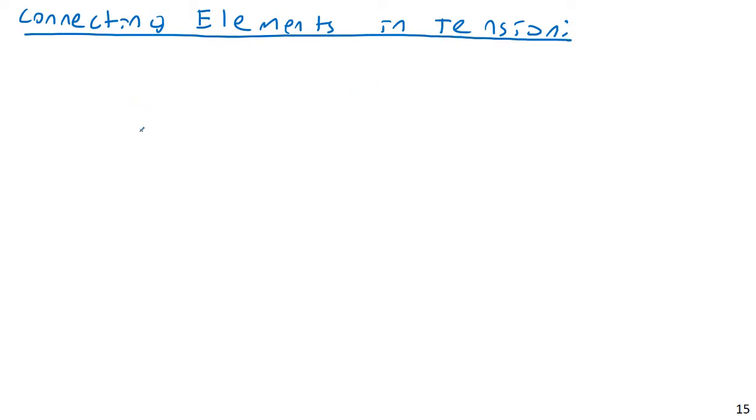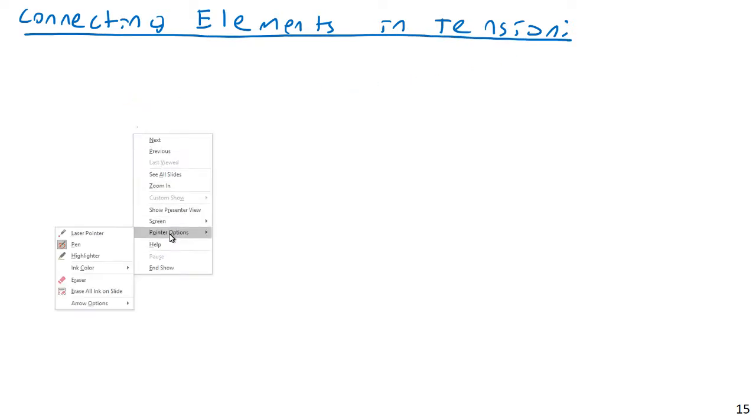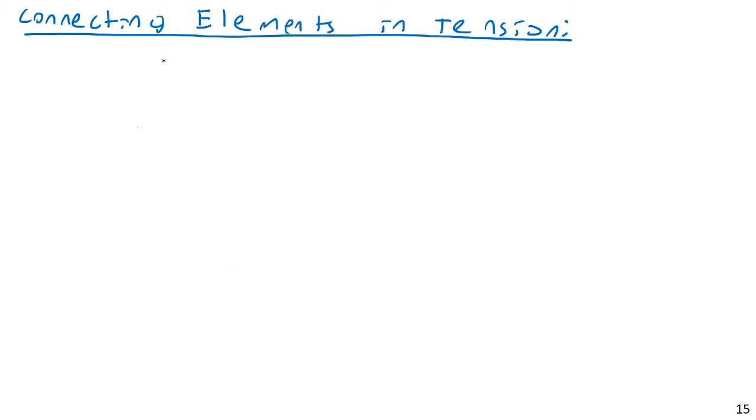First of all, let's review our general equation for LRFD, load and resistance factor design.